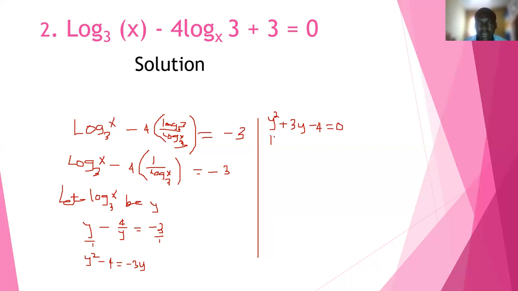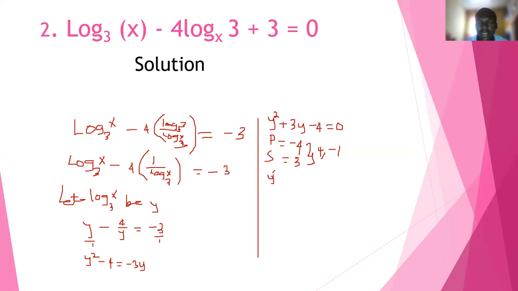The product here is -4. The sum here is also +3. So the two numbers that if we multiply them, we get -4, and if we add them, we get +3, that is 4 and -1.